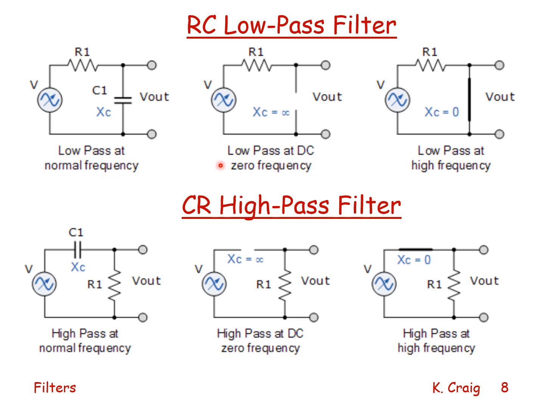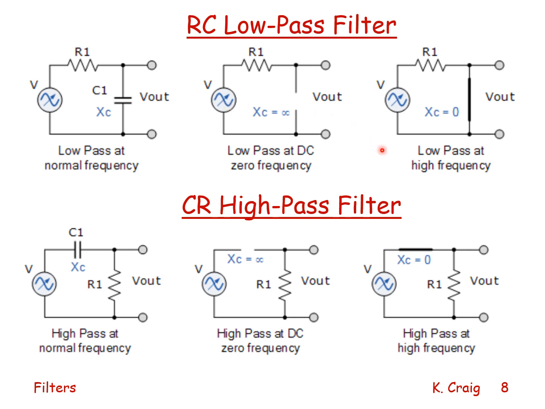However, the capacitor at DC, or 0 frequency, behaves like an open circuit because its reactance, its impedance, is infinite. So to redraw the circuit at DC, we see that V out is the same as V in, or the supply voltage.